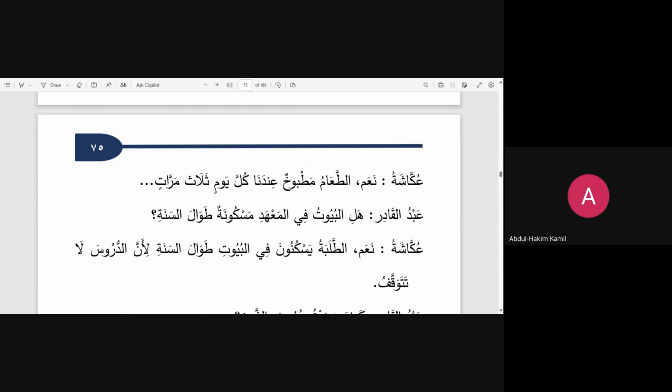هل البيوت في المعهد مسكونة طوال السنة؟ Mushtaq means to be taken from. Ma'khooz is to be extracted from. No, derived from. That's better. Derived is better.